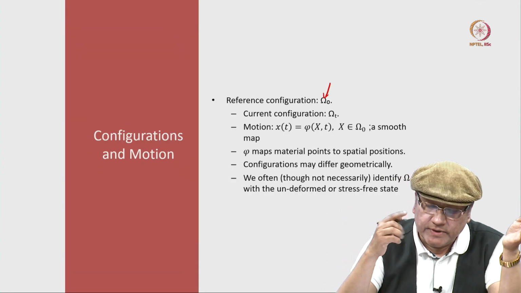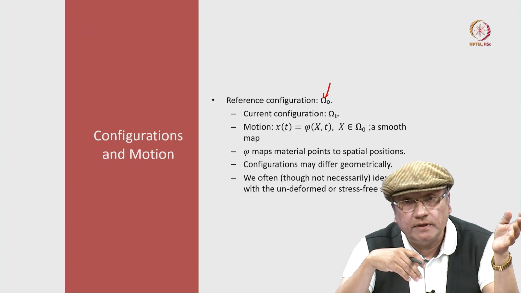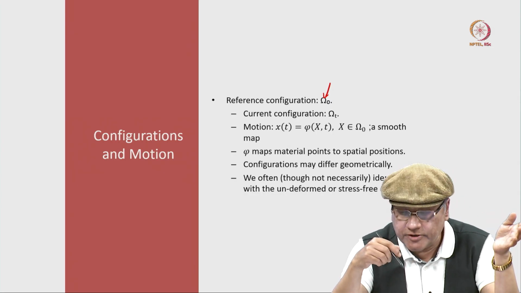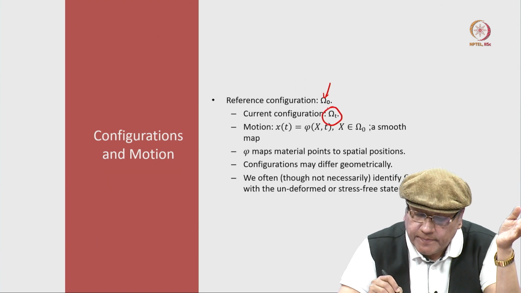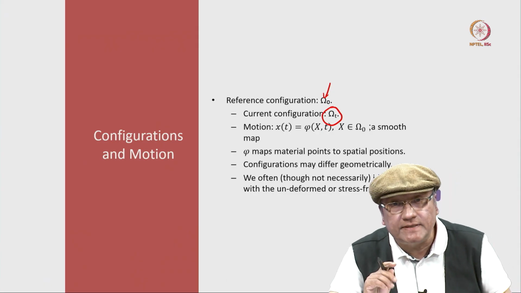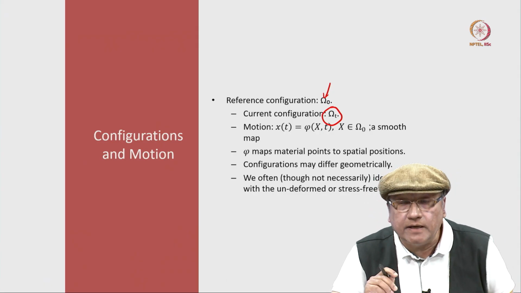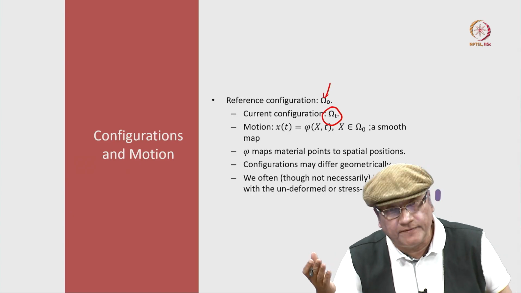So, all these you describe using a time parametrized collection of configurations, which we call omega t here, okay, the parameter being time. So, for each such fixed parameter t, you get a configuration, which is called the current or spatial configuration.